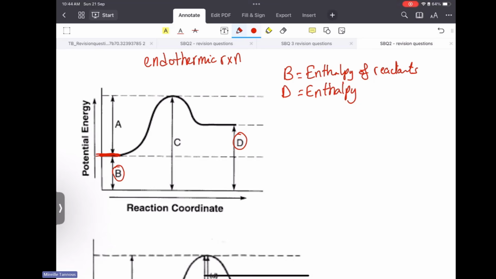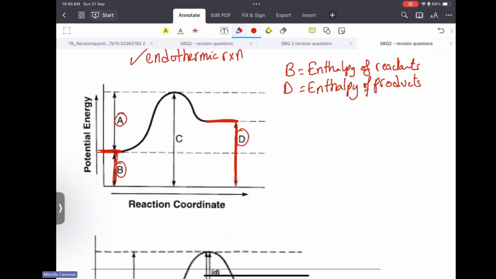I don't have to mention forward and backward, only stick to it when the question is asking about forward and backward. So the enthalpy of products is this one. Here, the enthalpy of products is higher than the enthalpy of reactants. That makes it an endothermic reaction.